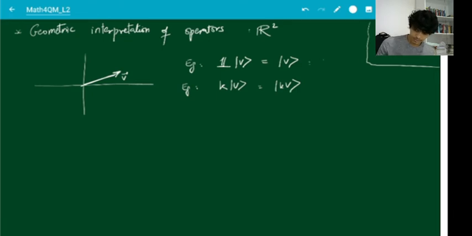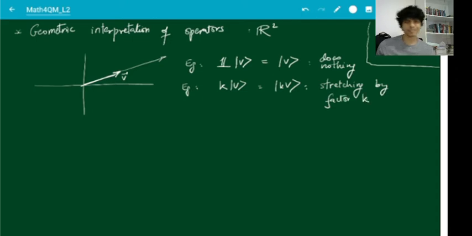This one just stretches the vector by that factor k, stretching or shrinking depending on whether k is greater than 1 or less than 1. In general, it is just changing the length of the vector. Okay.